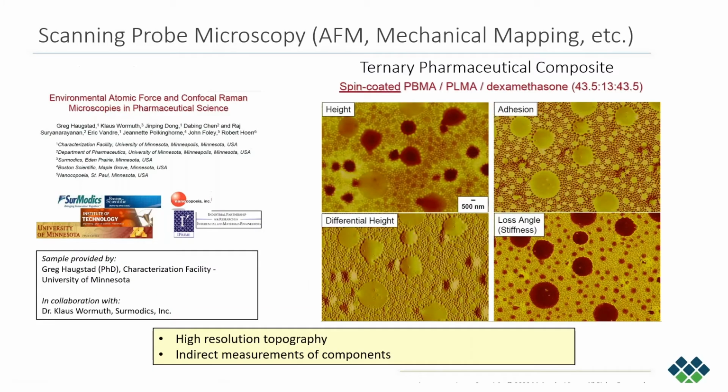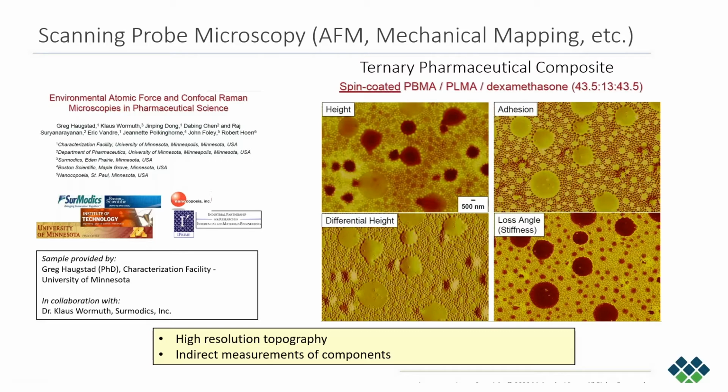Also very commonly used is scanning probe microscopy with atomic force microscopy, or AFM, along with other techniques such as mechanical mapping, where one can analyze the topography and indirectly the presence of different components, for example, by measuring mechanical properties.